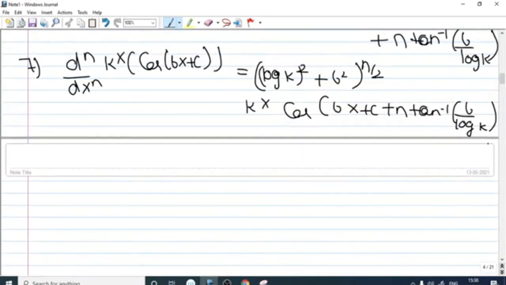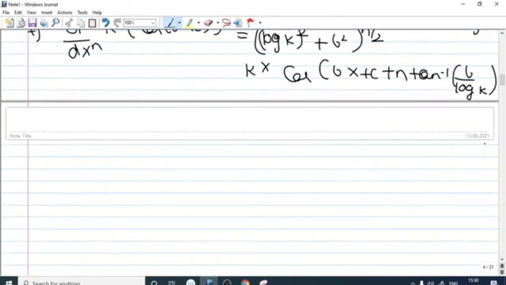Okay, b by log k. Now these are the 7 formulas.